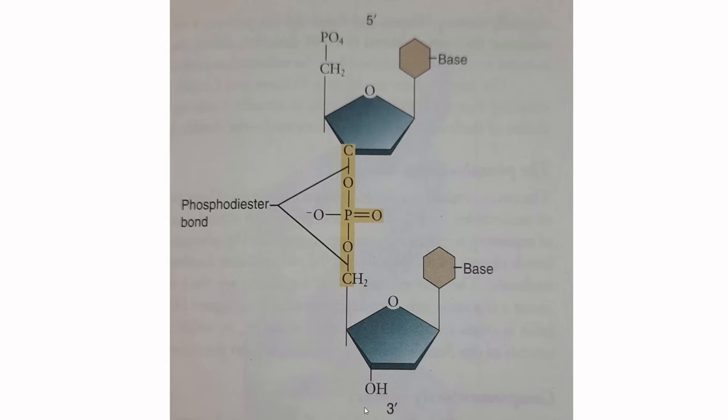Next we see the linking of two nucleotides with phosphodiester bonds. This is the phosphodiester bond which links the 3-hydroxyl group of the sugar of a nucleotide to the phosphoric group which is linked to the 5' carbon of the sugar of the next nucleotide.